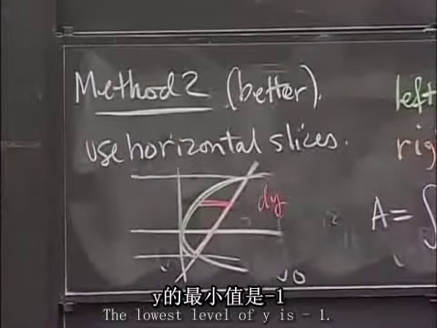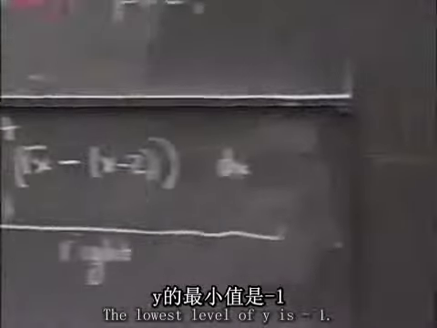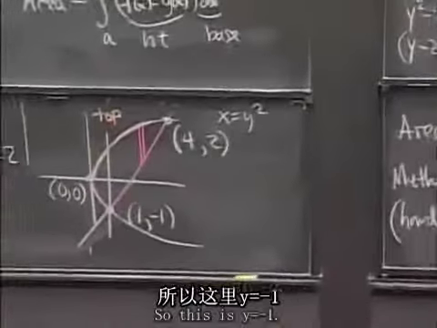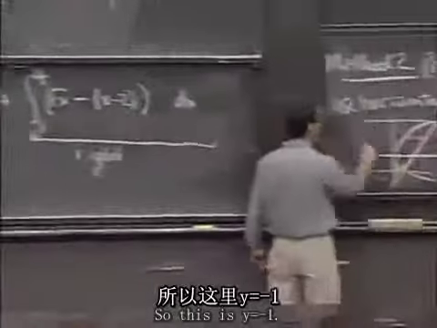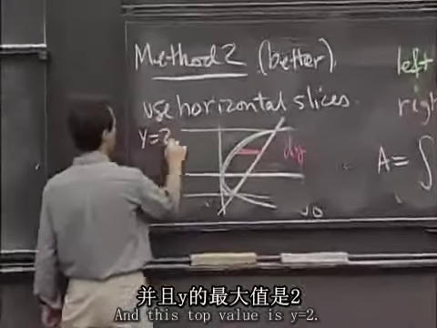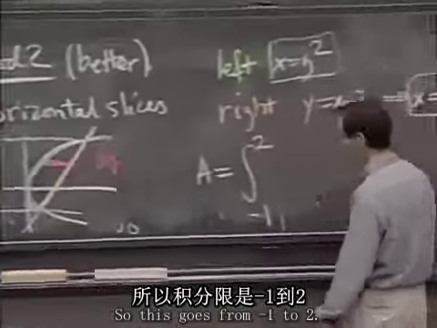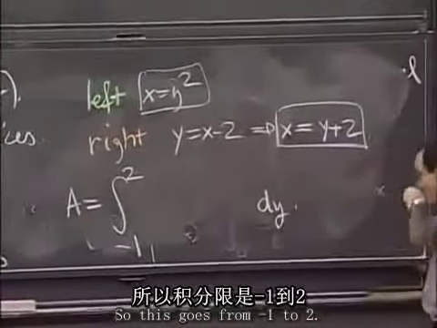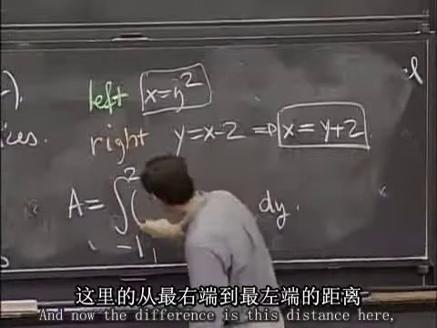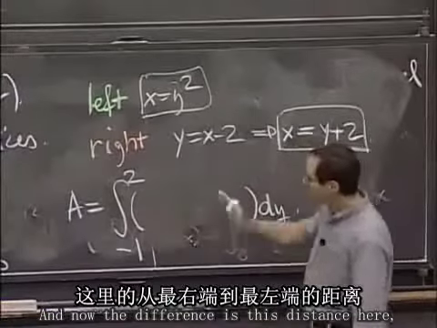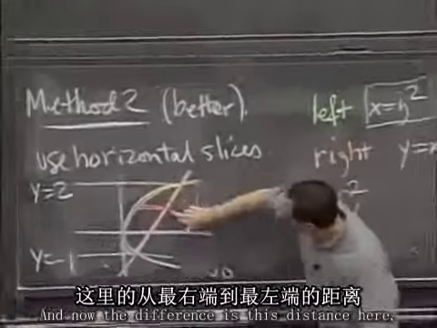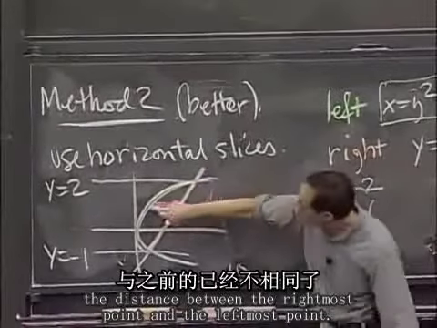The lowest level of y is -1, so this is y equals -1, and this top value is y equals 2. So this goes from -1 to 2.